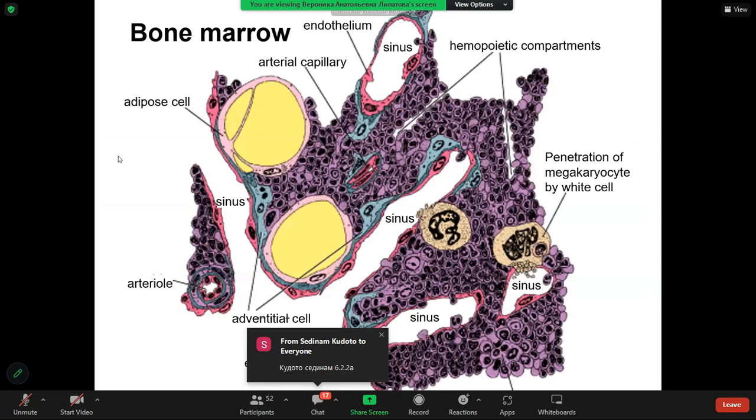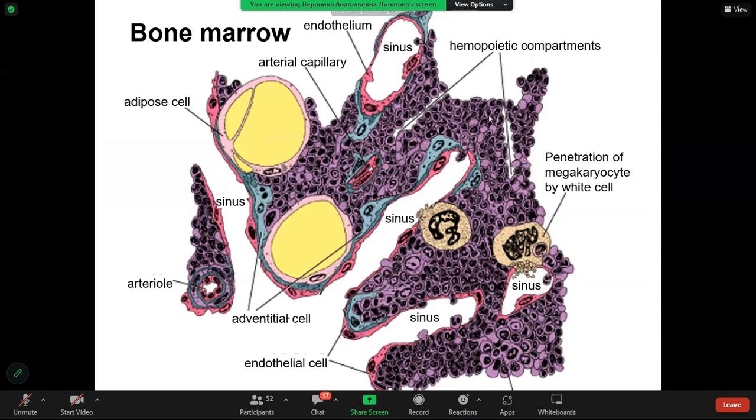This picture, I took it from Ross, illustrates the fine structure of bone marrow. First of all, we can see different compartments. Here, hematopoietic compartment, including giant cells, megakaryocytes in it.